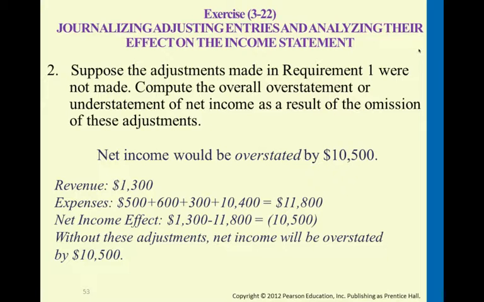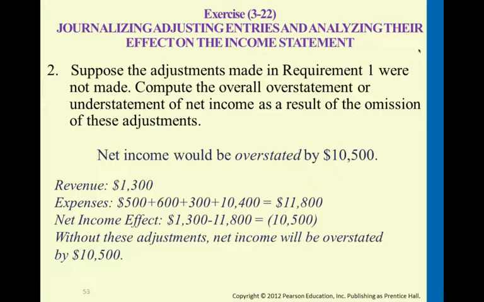We still have $11,800 that we missed if we didn't journalize these adjusting entries. For revenue, we'll also be missing $1,300. So overall, the effect is expenses more than revenue. Overall, the effect will be missing expenses that are worth $10,500.